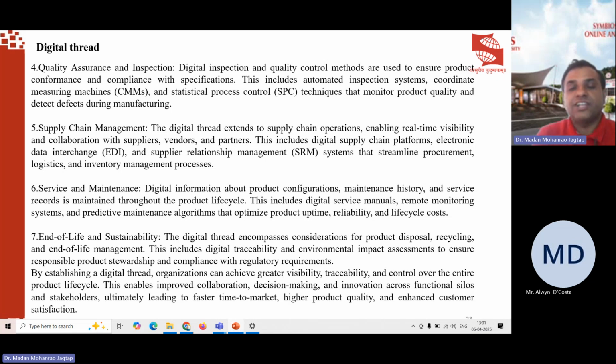That is the advantage of the digital thread. It enables improved collaboration, decision making and innovation across cross-functional teams and stakeholders, ultimately leading to faster time to market, higher product quality and enhanced customer satisfaction.